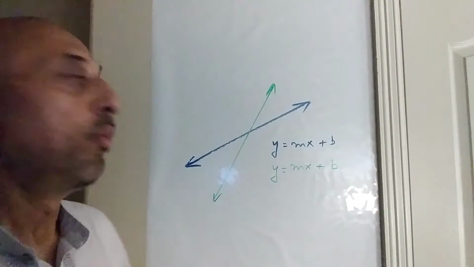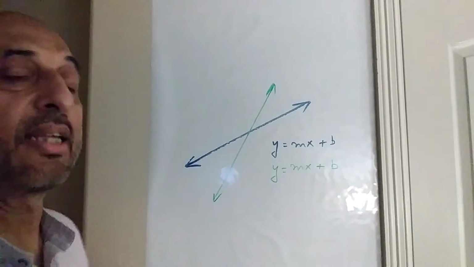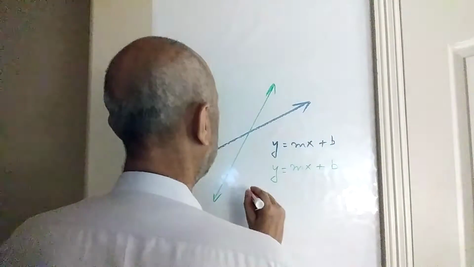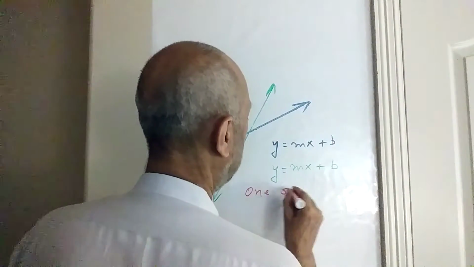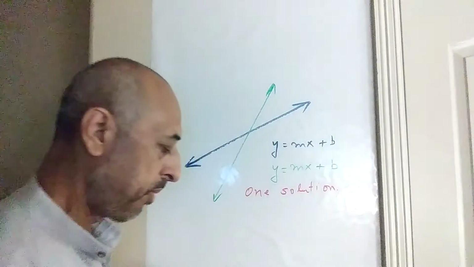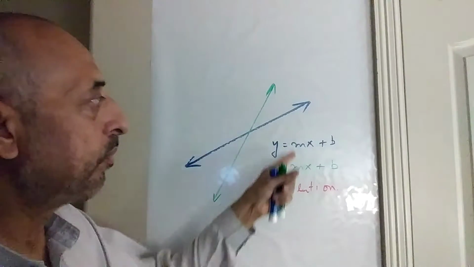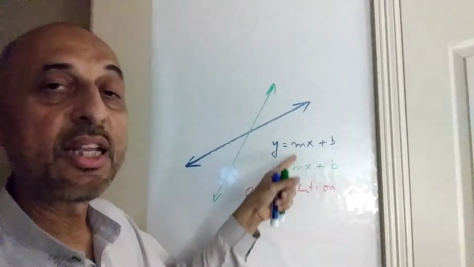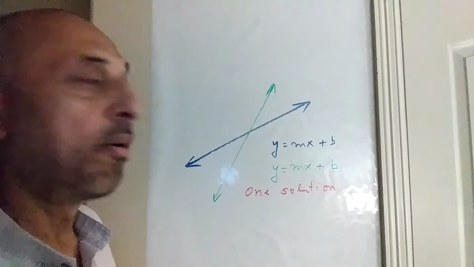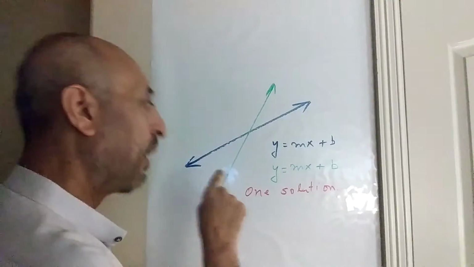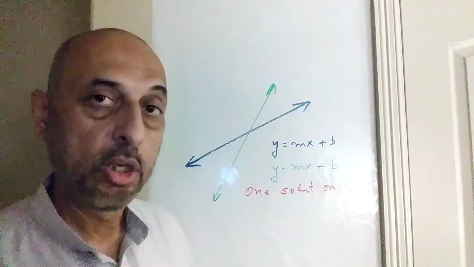So if you're looking at the graph and they are intersecting, we know that we have one solution. By looking at the equation, all we have to look at is the slope, the number that is attached with x. And if that number is different, then they will intersect, and again, you will have one solution.